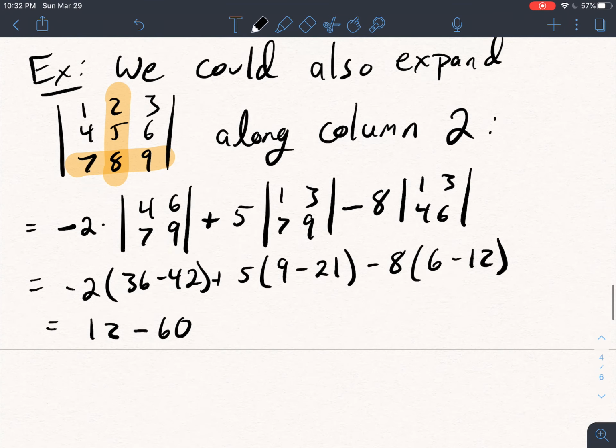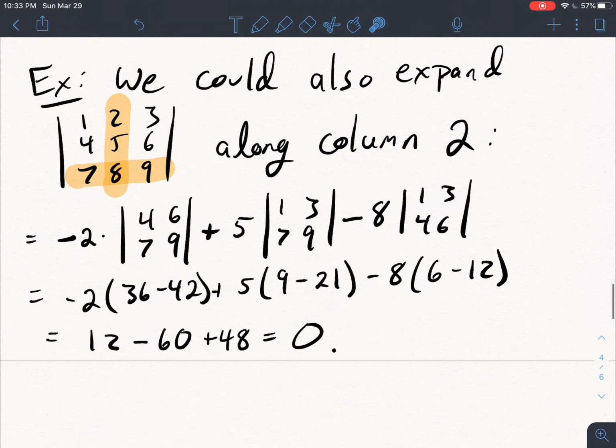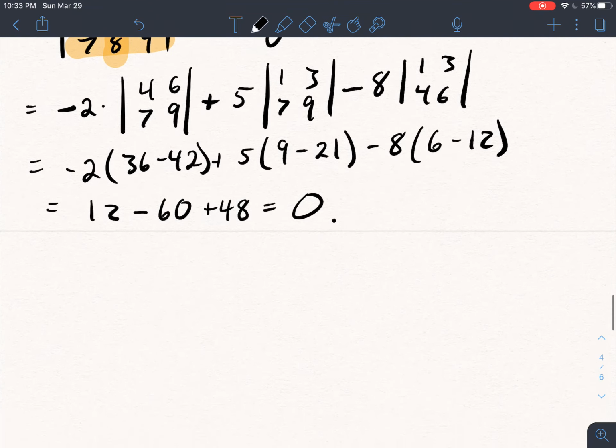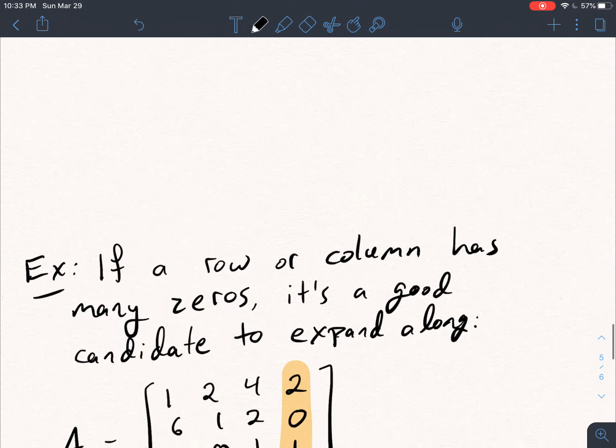Maybe it's 60. And then minus 8 times negative 6, that would be plus 48. And 12 plus 48 is 60, so this whole thing is 0. Okay, and this is the exact same determinant that I got from my previous example, so I trust this answer. So that's how you expand along that column.